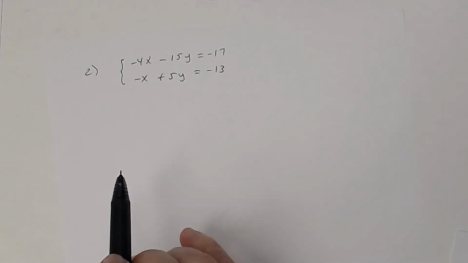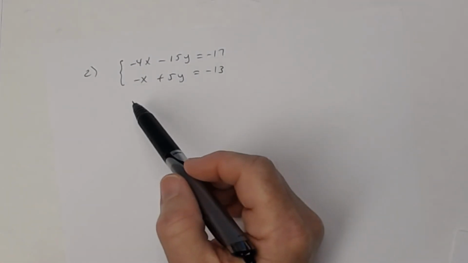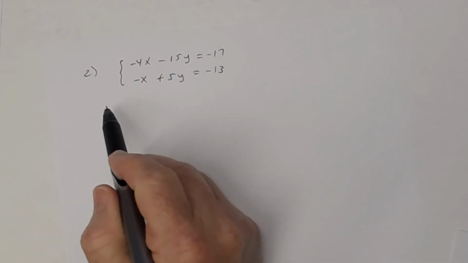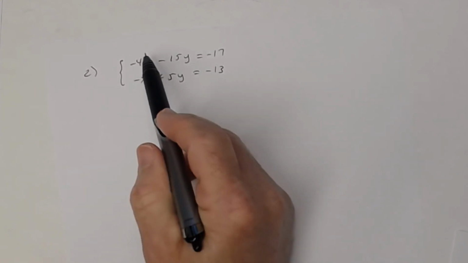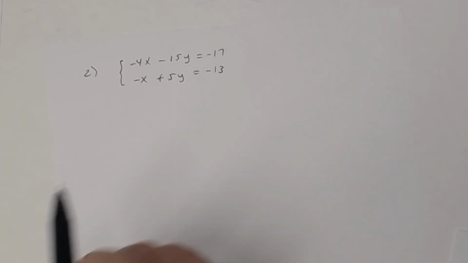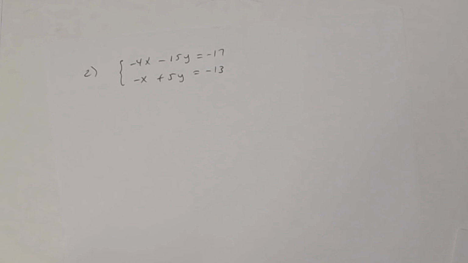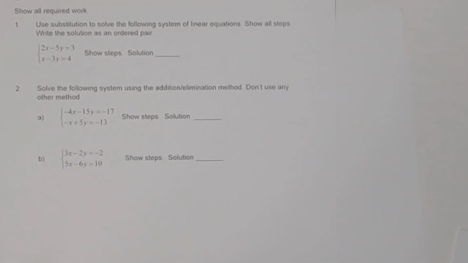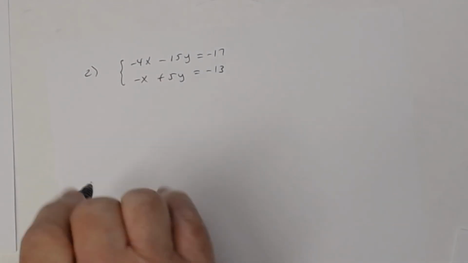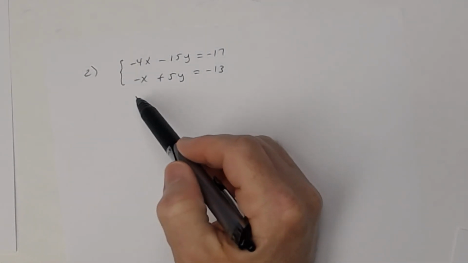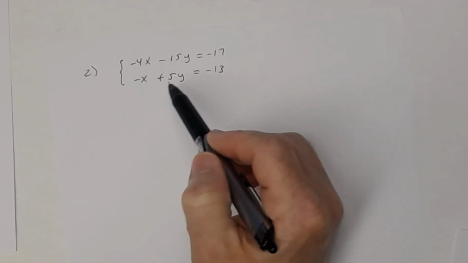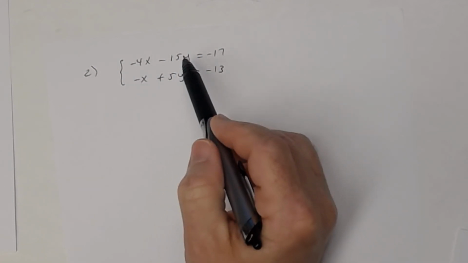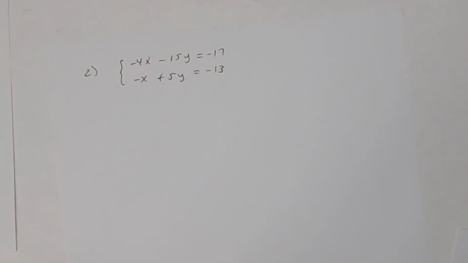So what you've got to do with addition elimination is, remember, at some point you're going to be adding those two equations. And when you add those two equations, you want one of those variable terms to be eliminated. That's the idea. Hence, add, and you want to eliminate. In order for either the x terms or the y terms to be eliminated, those coefficients have to be opposites of each other.